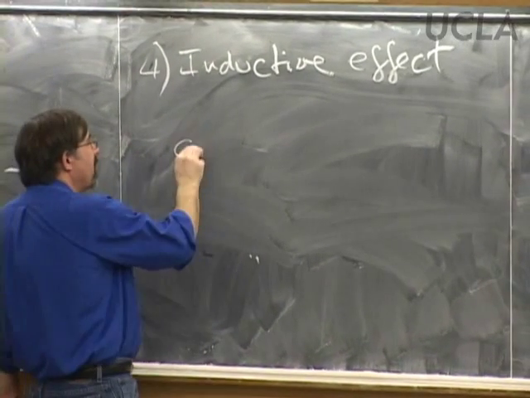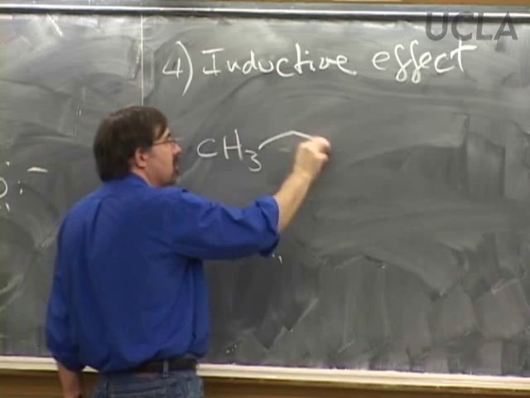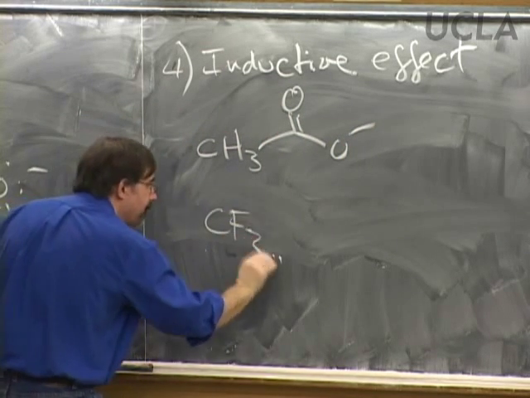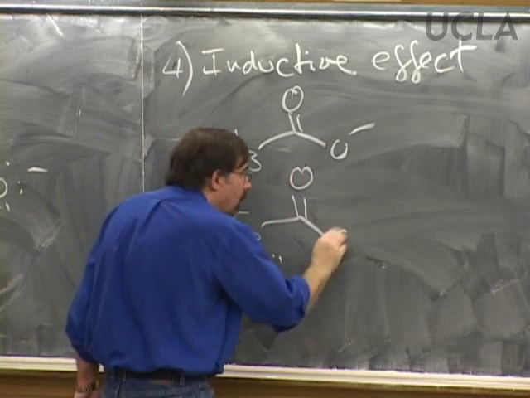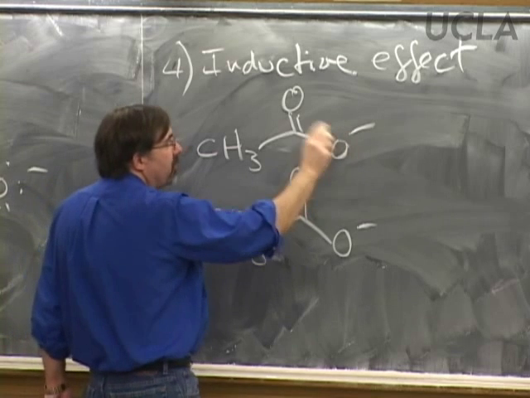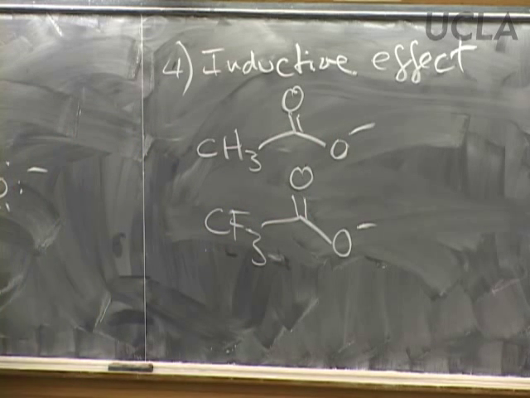For the purpose of this, I'm actually going to use the same example I used when we talked about basicity. Let us suppose I want to compare the nucleophilicity of these two carboxylate anions.